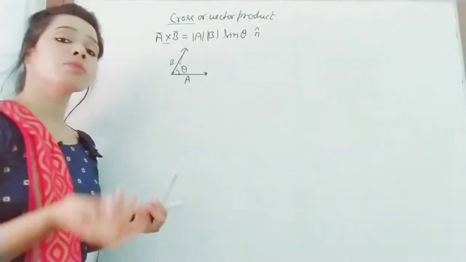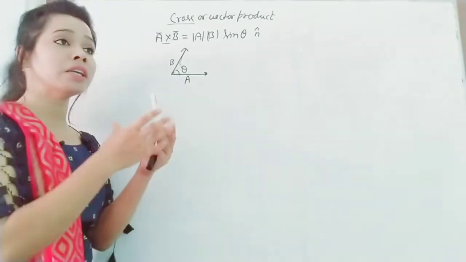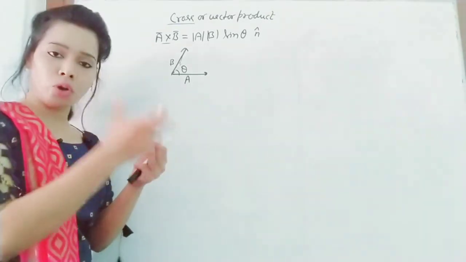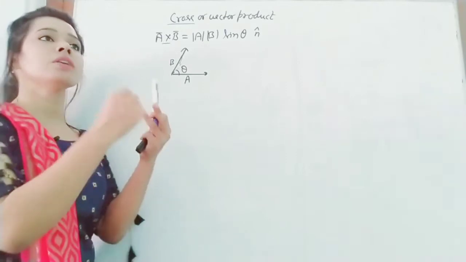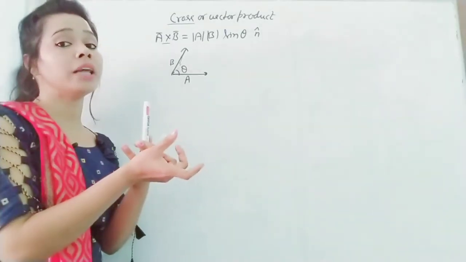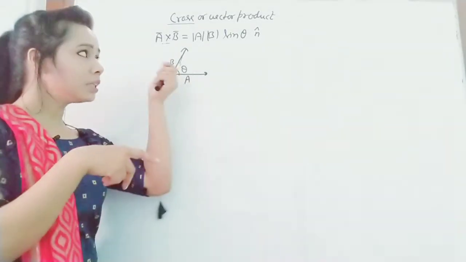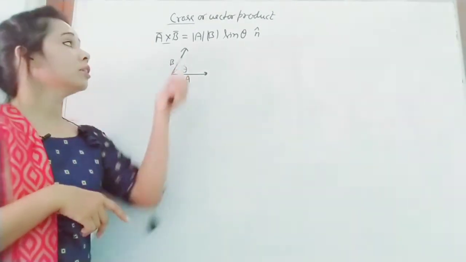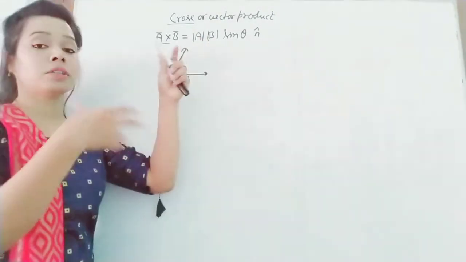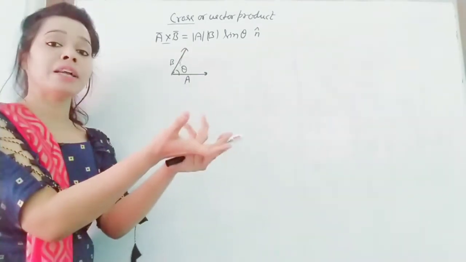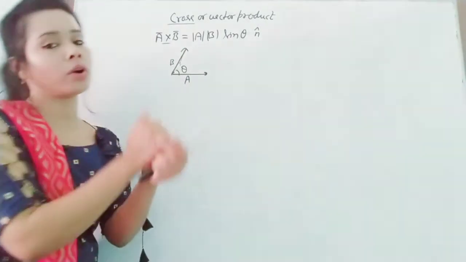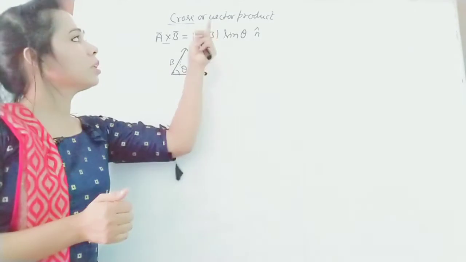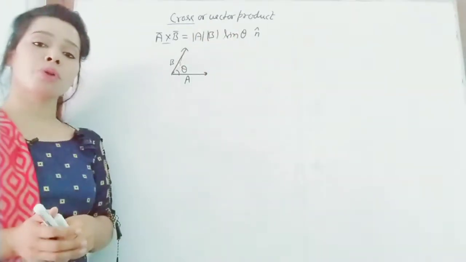Like in the dot product, we found a scalar quantity, which is why we call that the scalar product. But in the cross product of two vectors, the result is also a vector quantity. That's why we call it vector product.